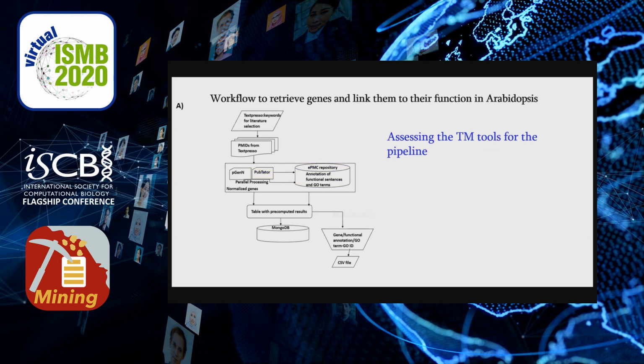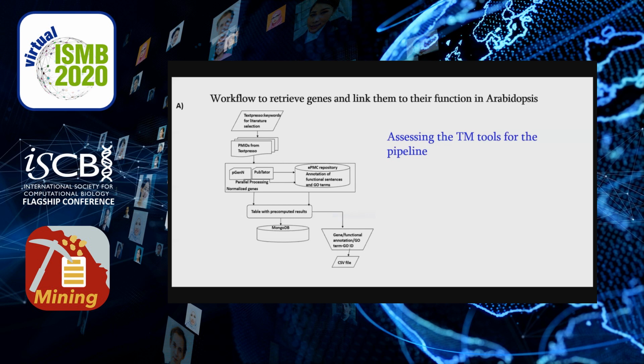Testpresso is a text mining system that allows for literature search using keywords and control vocabulary terms. Pigeon identifies gene names and links them to a database entry. PubTator also helps to retrieve bioconcept annotations. We use Pigeon and PubTator complementary to each other because Pigeon has high precision and PubTator has high recall.